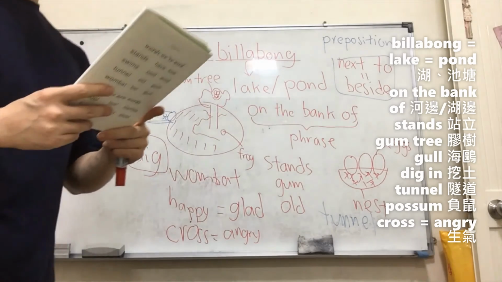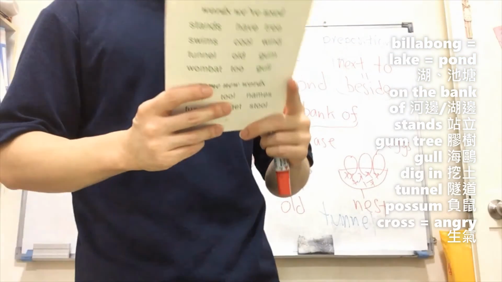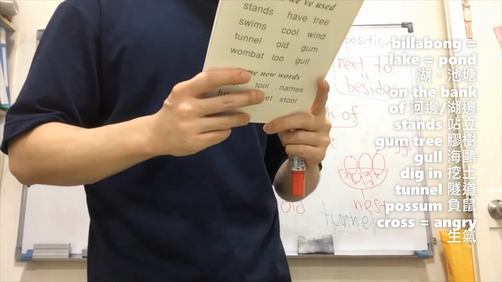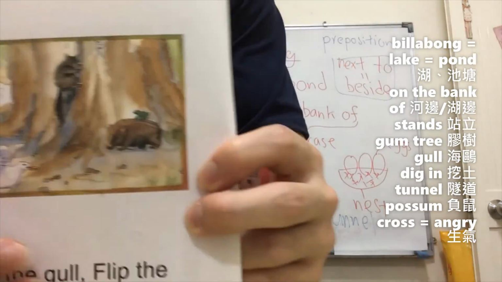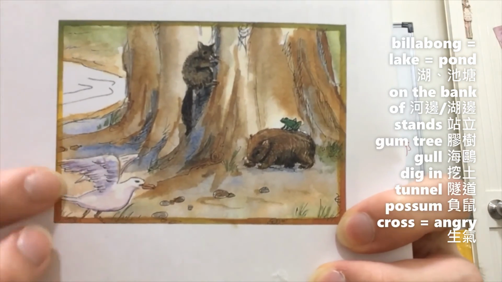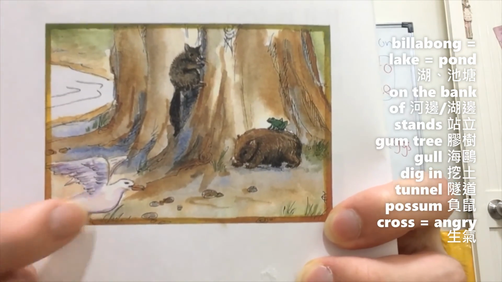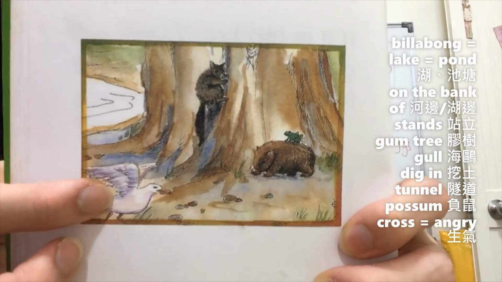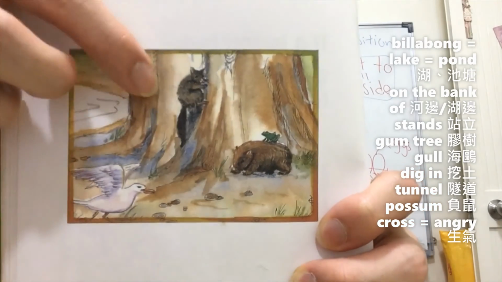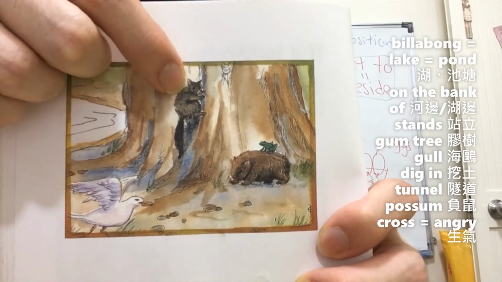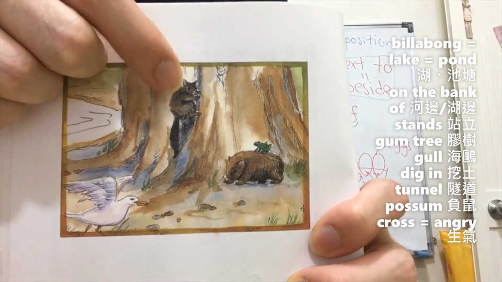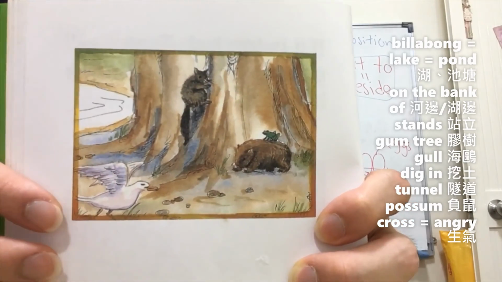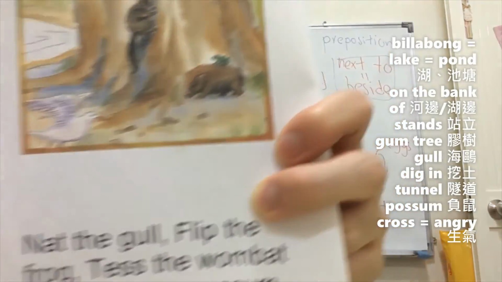So all in all, we have 4 animals, right? Can you still remember what are the 4 animals? Firstly, we have Net the gull. Secondly, this is Tran the possum.